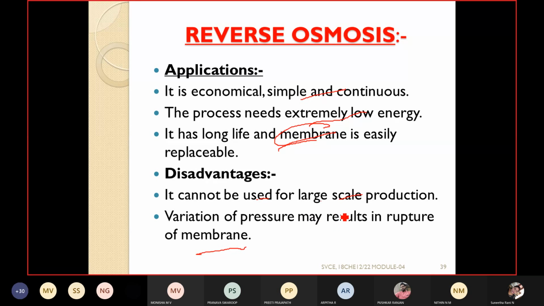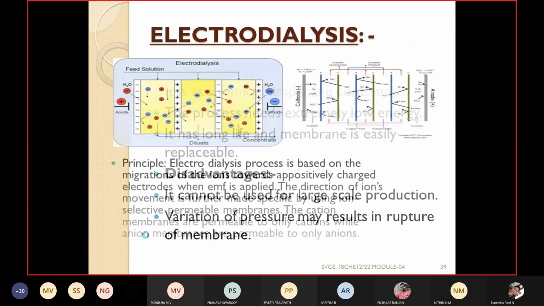If there is any variation in the supplying pressure, the membrane is breakable. So these are the two disadvantages in the reverse osmosis process.